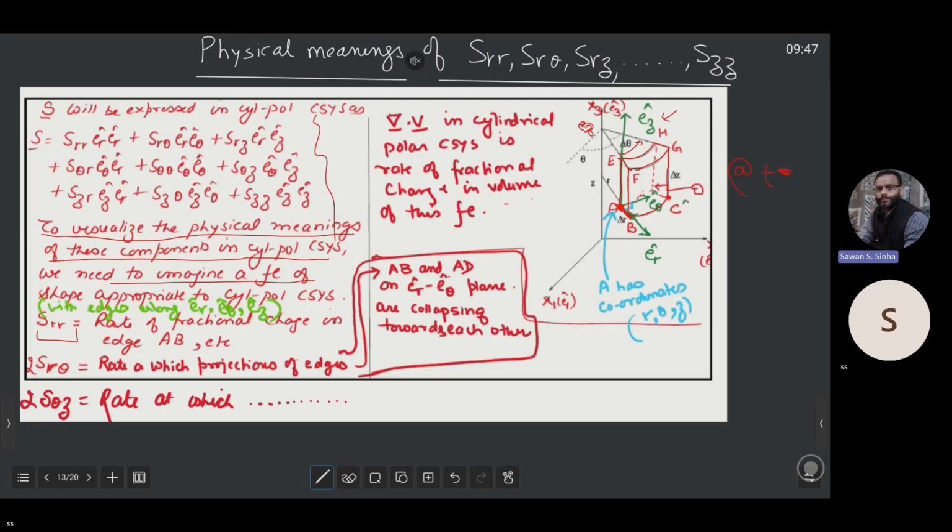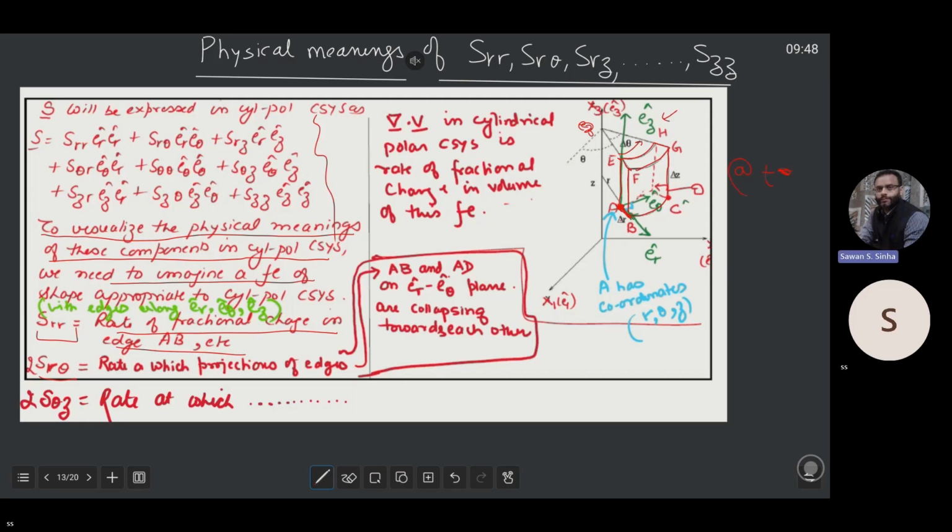For example, SRR is the rate of fractional change in edge AB. SRR is this. S theta theta will be the rate of fractional change in which length? I have not written here, but I am asking this question. S theta theta, what will be the physical meaning? Make an English sentence for me. Rate of fractional change in edge, that much it will be. There is no doubt about it.